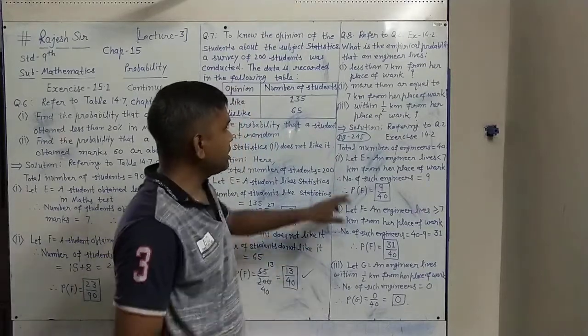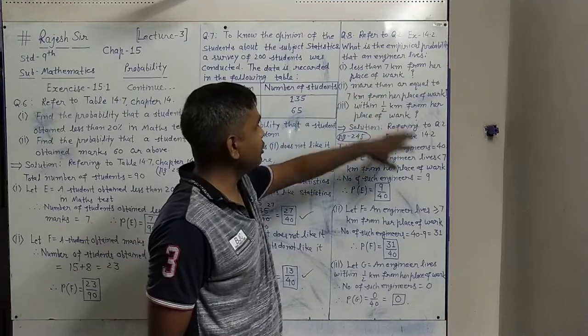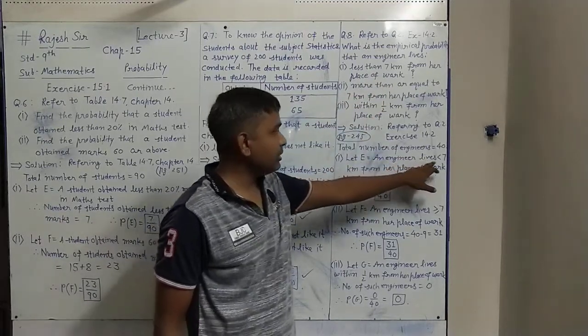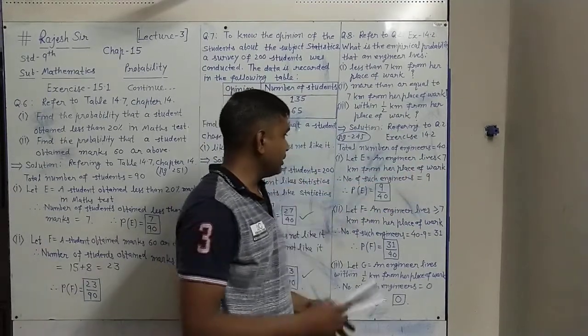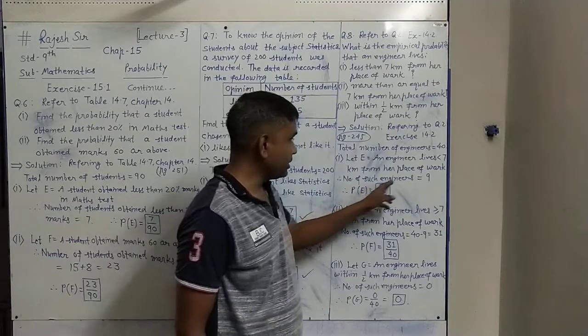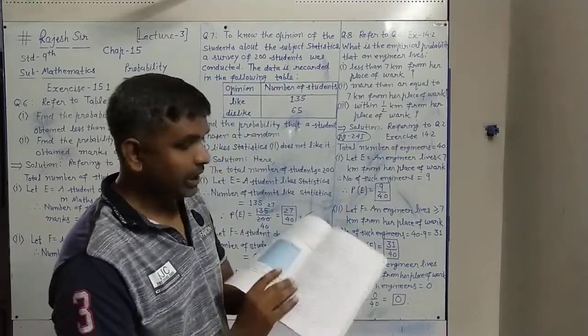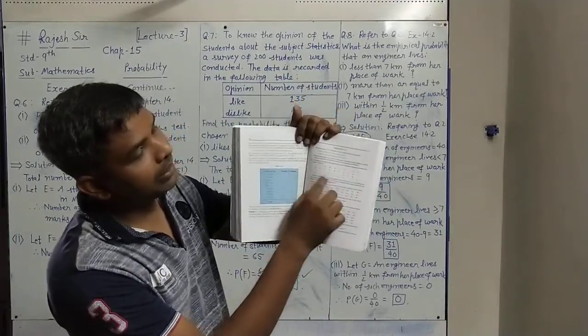The first question is to find the probability that an engineer lives less than 7 km from the place of work. So let E equal an engineer lives less than 7 km from her place of work. The number of such engineers we have to see very carefully. All the distances are given.